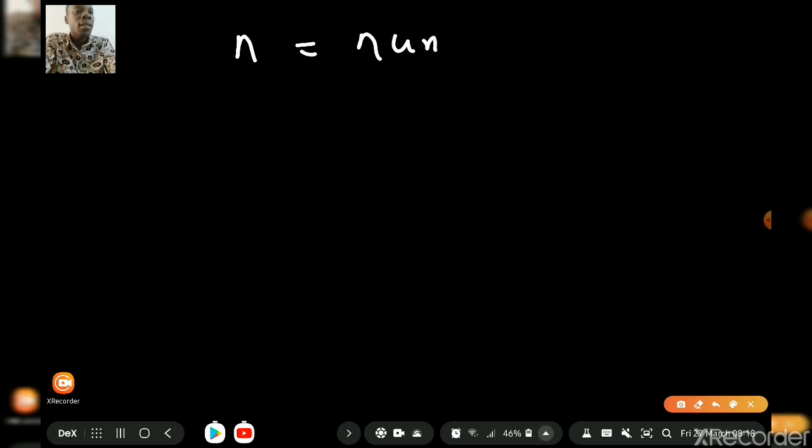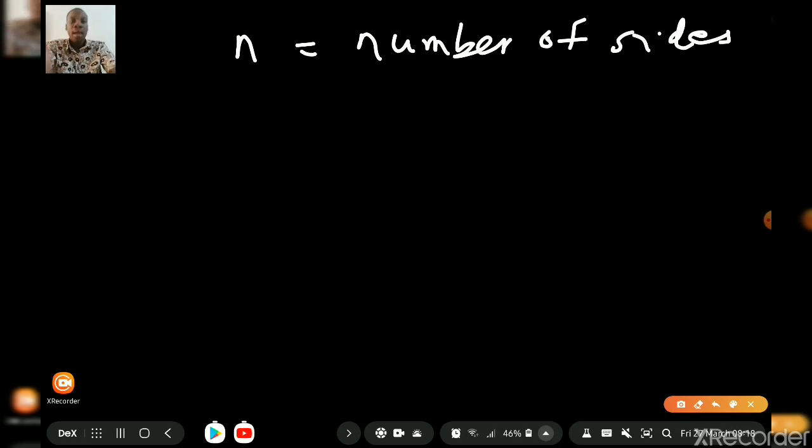Okay, so if n is the number of sides, realize that for all the examples we did, the number of triangles was 2 less than the number of sides. When we had 4 sides, the number of triangles was 2.